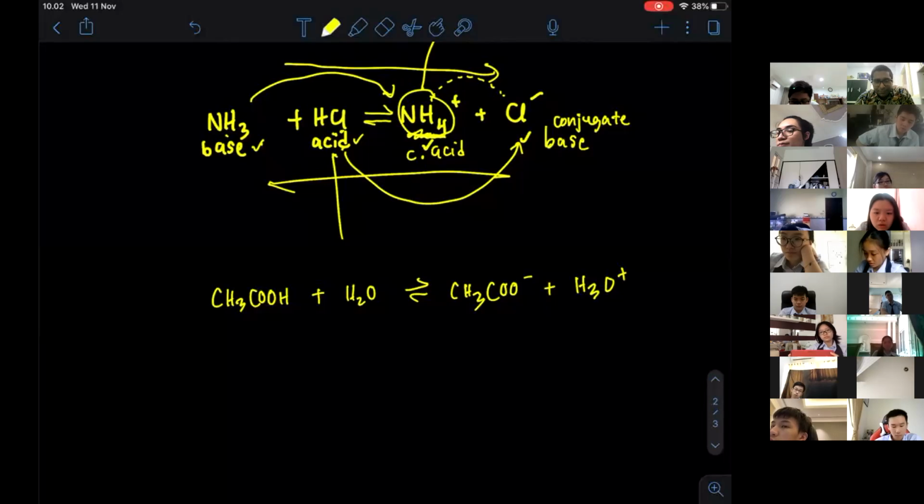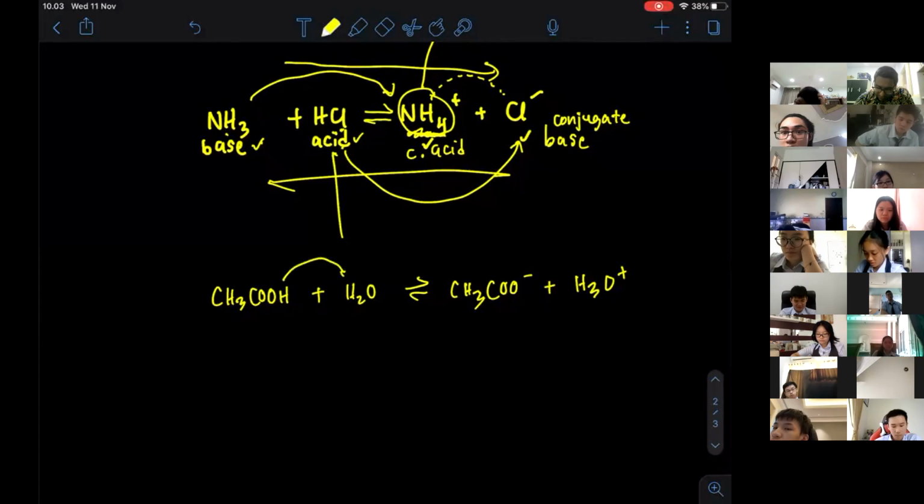In the forward reaction? Not water. You can see that ethanoic acid is giving the H plus here to give you H3O plus. It's a proton donor. So the ethanoic acid is going to be the acid here, and water is going to be behaving as a base.